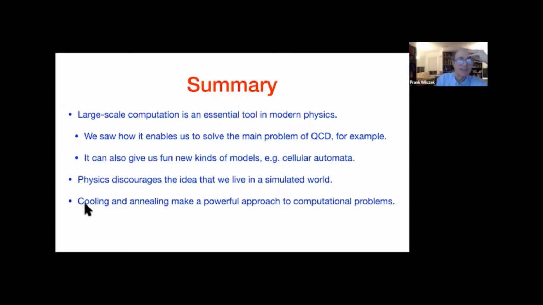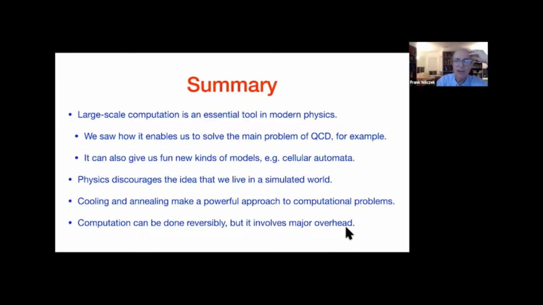Then we discussed how cooling and annealing are a powerful approach to computational problems, and the deep basis for this, that you can map a wide variety of computational problems onto the problem of minimizing the energy of physical systems. And finally, that computation can be done reversibly, but to do that requires major overhead.